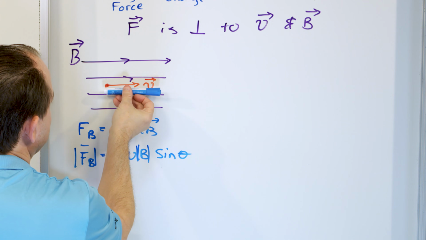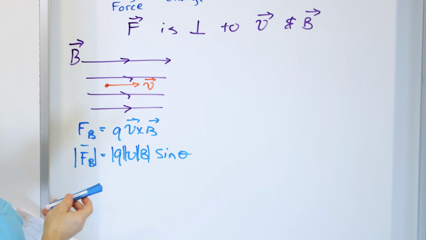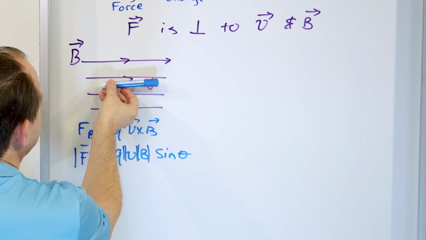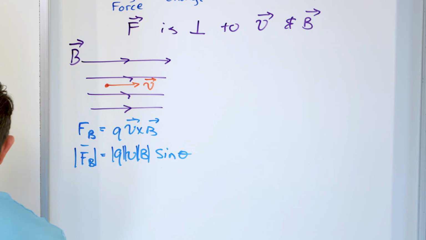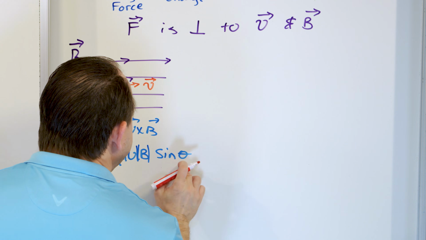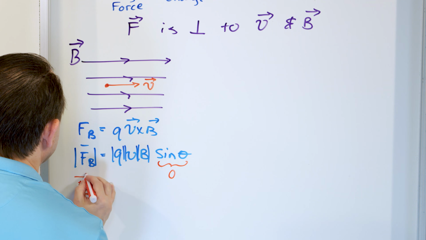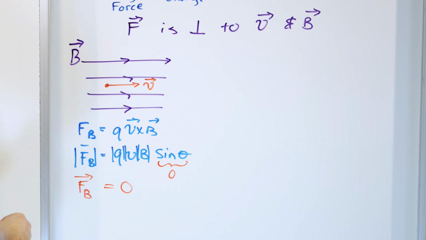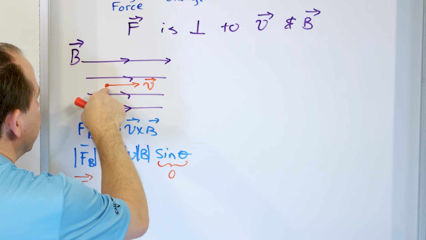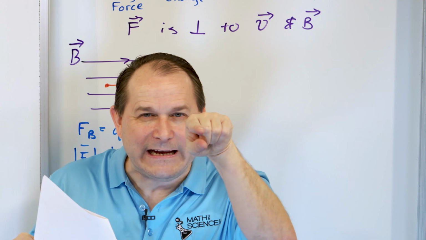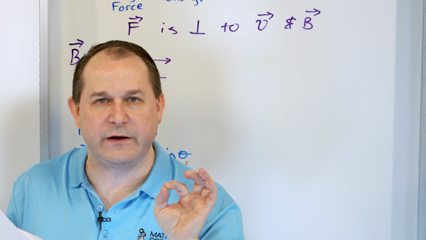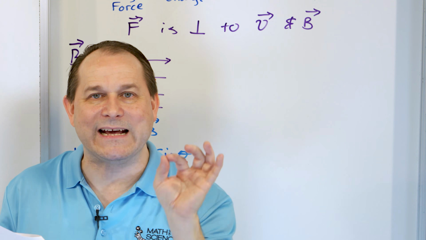But look at this. If the particle is in the same direction as the magnetic field, what is the angle between them? The angle between them is 0 in that case. And so sine of 0 degrees is just 0. So the magnetic force is just going to be equal to 0. If the particle is traveling exactly in the same direction of the magnetic field, there's no magnetic force.